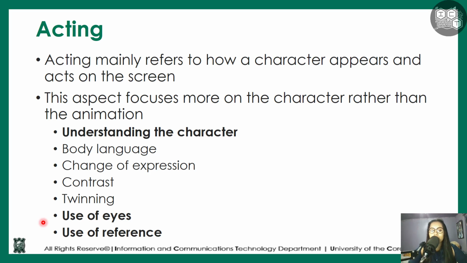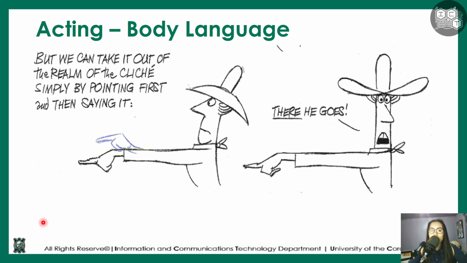We also have quite a number of things here. Body language up until twinning. So first one is body language. Essentially, even in live action, you don't really say what the character wants to say, or you don't really say the story. You show what the character feels. You show the story based on their body language, how they move, how they act, all of those different things.